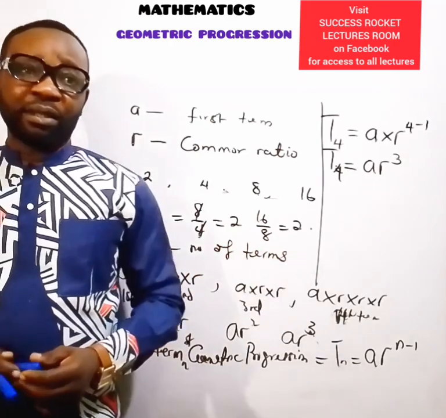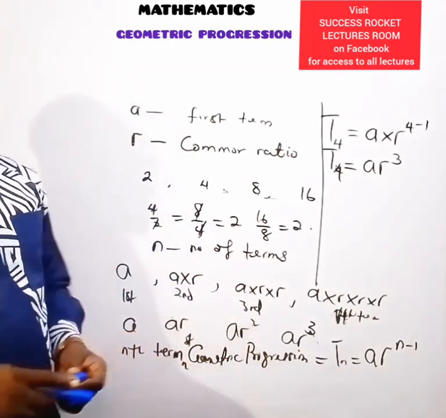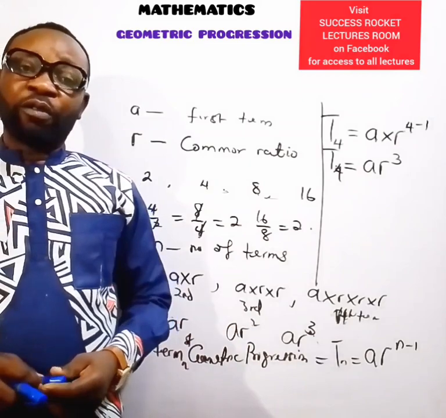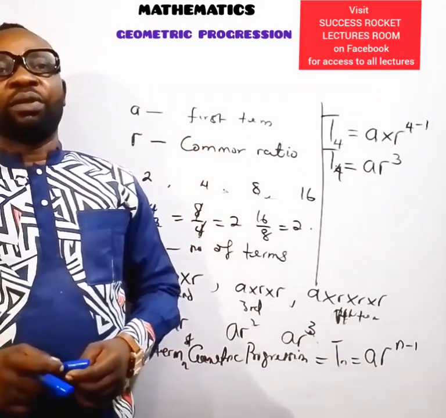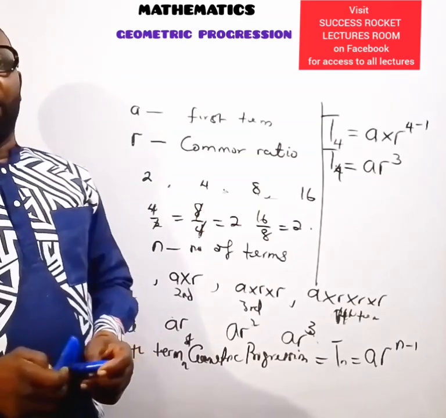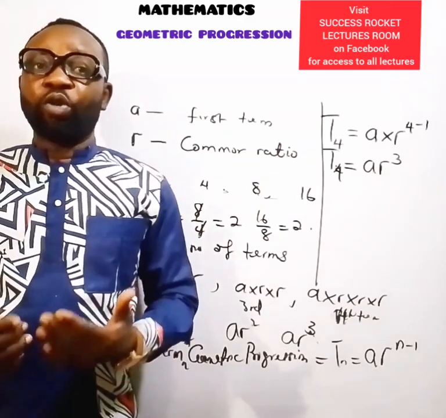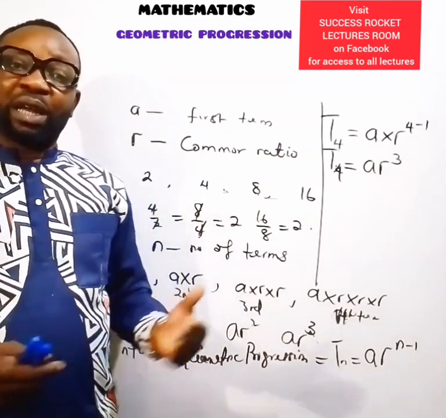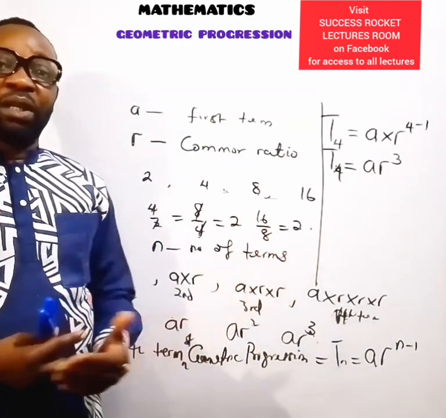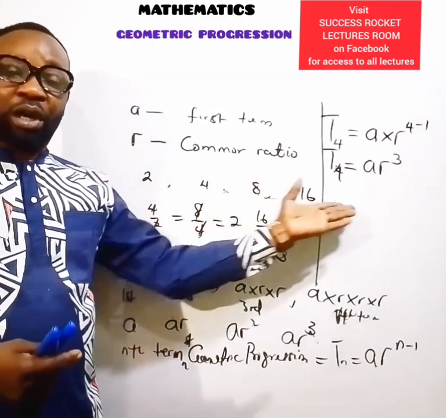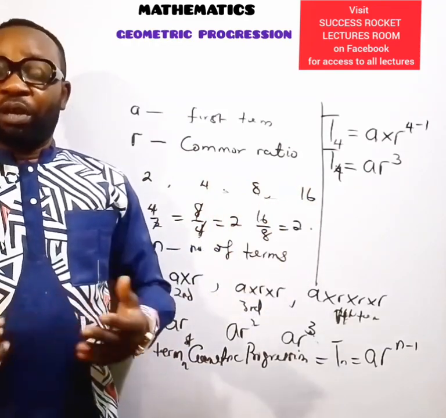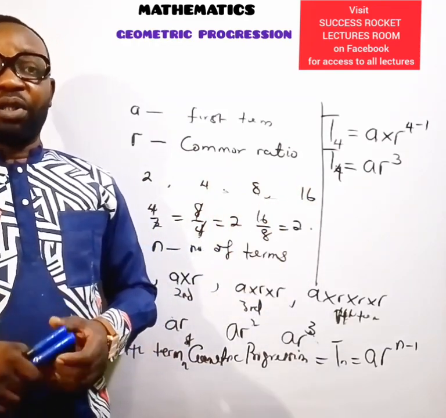Now, in this class, we will not only stop at defining the formula to get the nth term of geometric progression. We'll also be looking at how to get the formula of particular given terms when they are in geometric progression form.